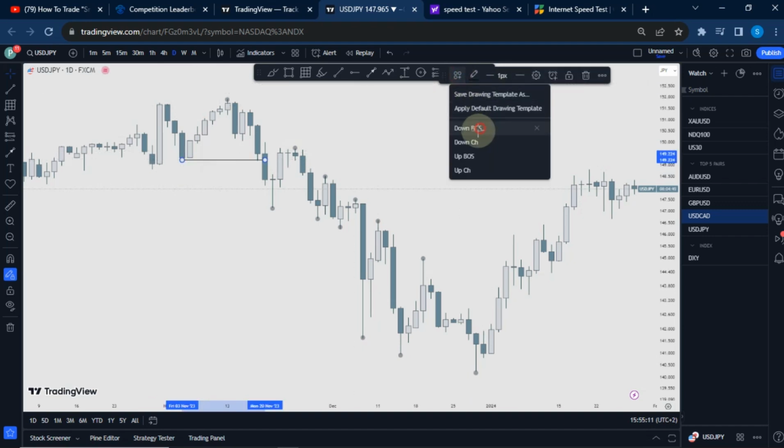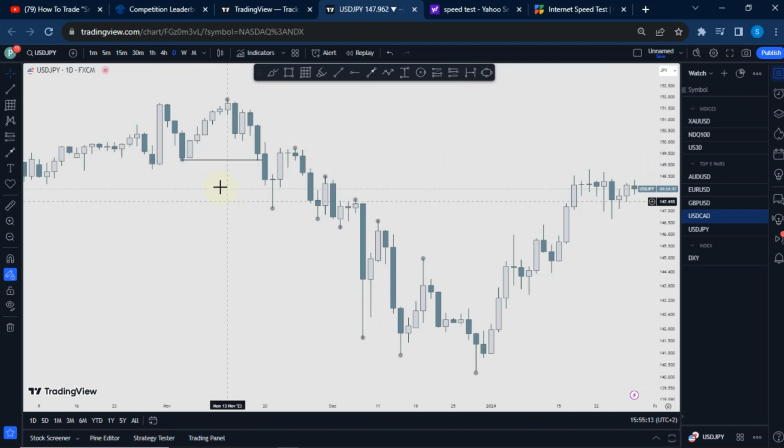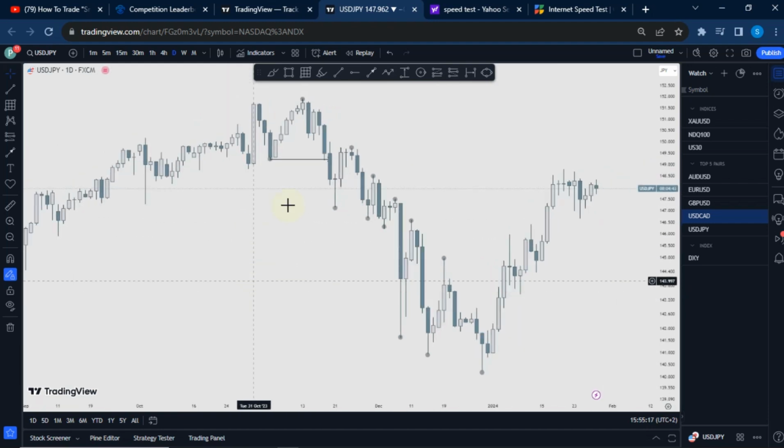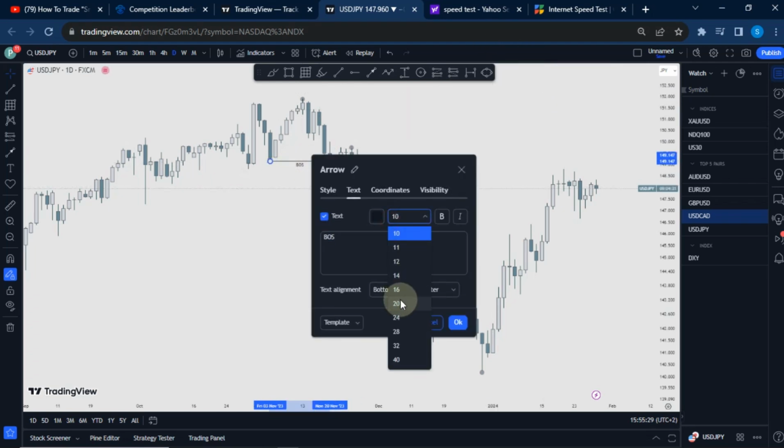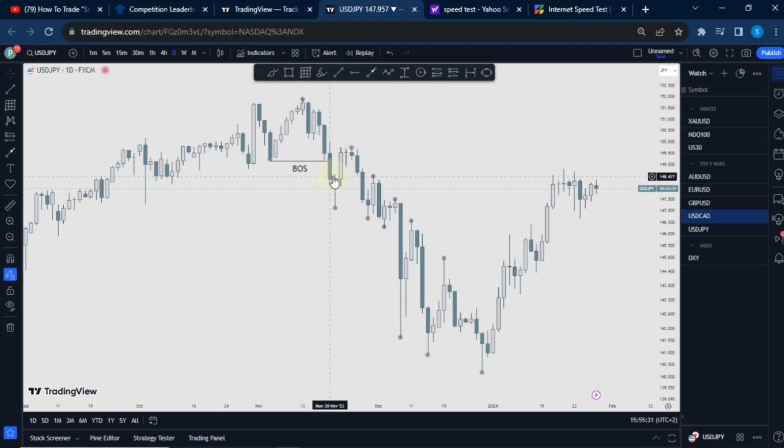My network is a bit slow. I want to write a text here so that you can see that it's our break of structure. So there we had our break of structure.